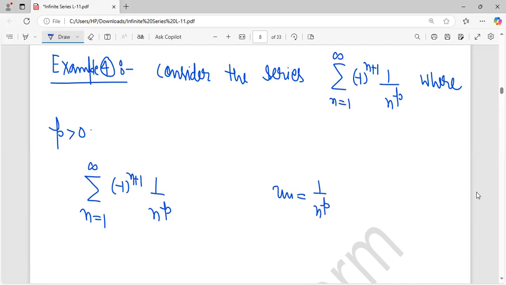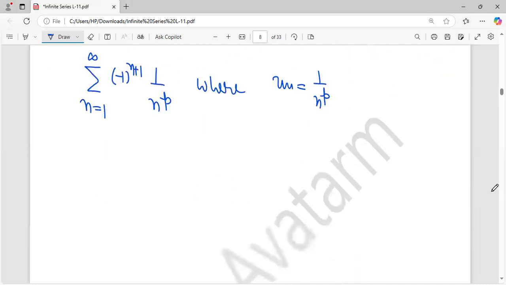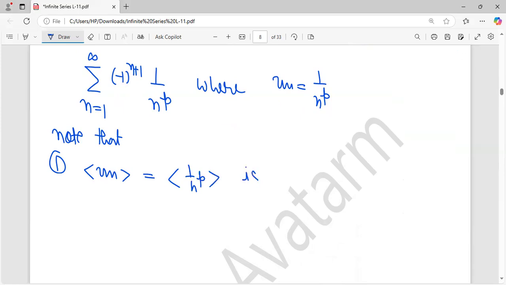Now we know that this sequence is also monotonically decreasing. The power is positive, so as you increase n, it will decrease. So note that this sequence is monotonically decreasing.